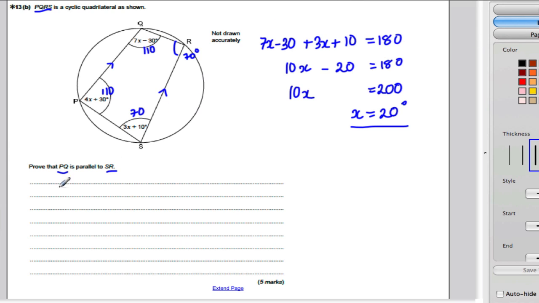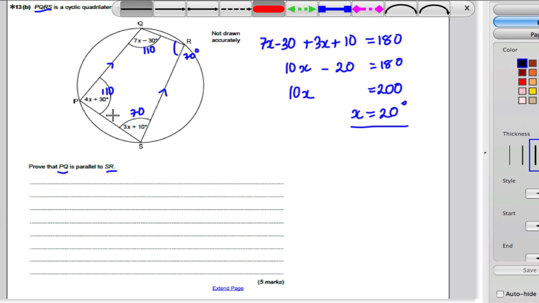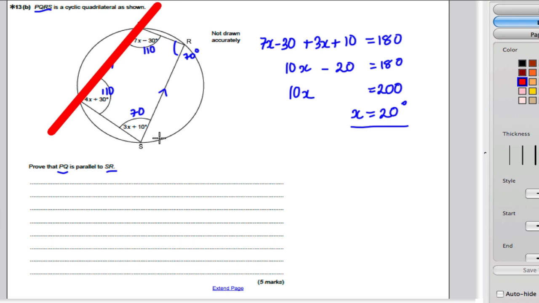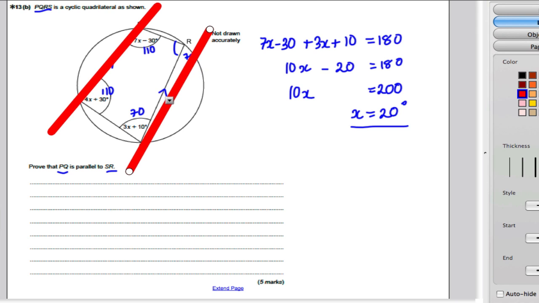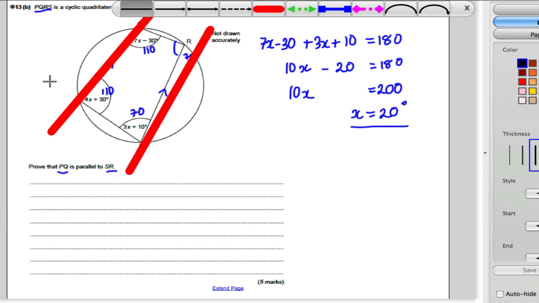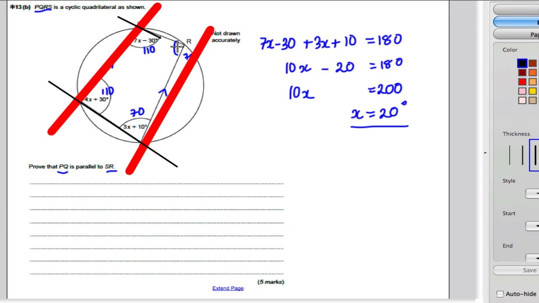So how does this show that PQ is parallel to SR? Well, let me just imagine PQ was this line here and SR was this line here. And I'm going to draw them so they look a bit more parallel than they currently look in the picture. What we've actually shown is that that line cuts it and that line cuts it.